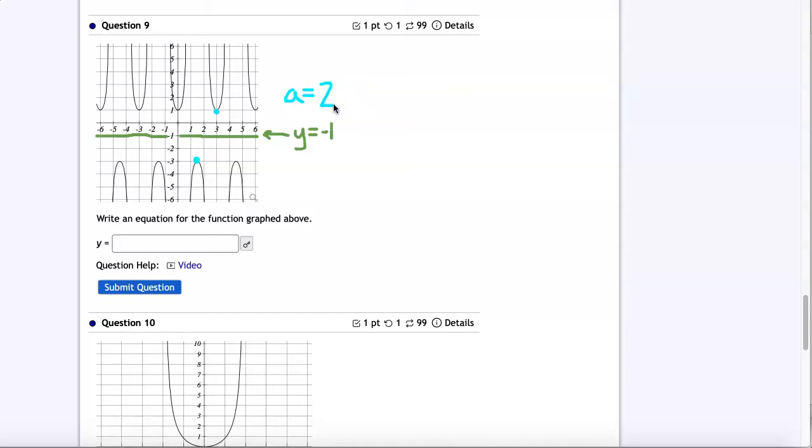And then the next observation I want to make is what is the period of this function? You can tell that going from here to here, which would be 1 full cycle, there is a distance of 3. So that means that my period is 3.